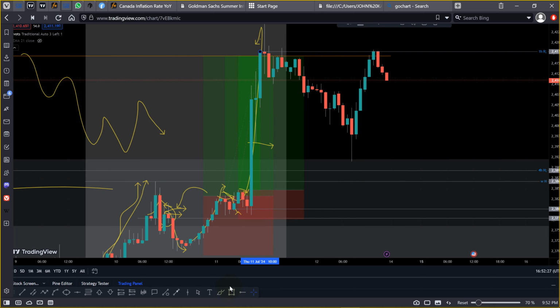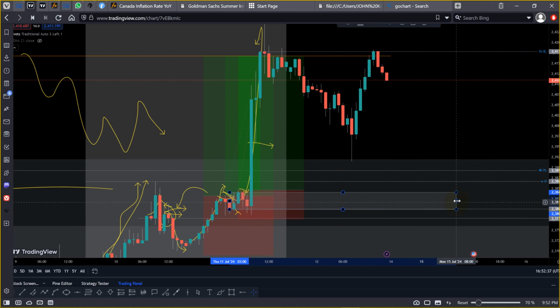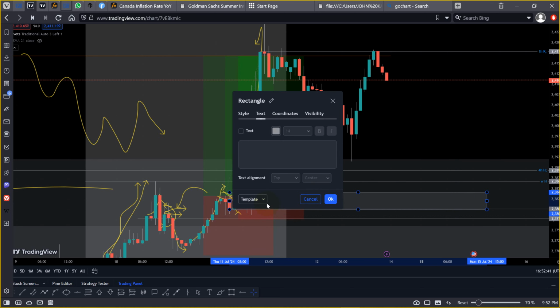Okay, now let me add something new. This is what I do. I put a block like this, and this block I have a color for it, and a text is 1 hour support or demand line.